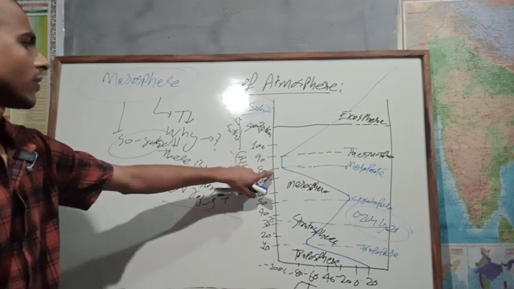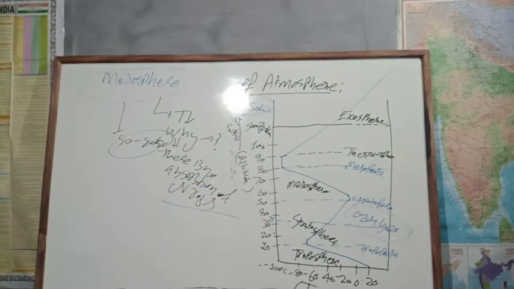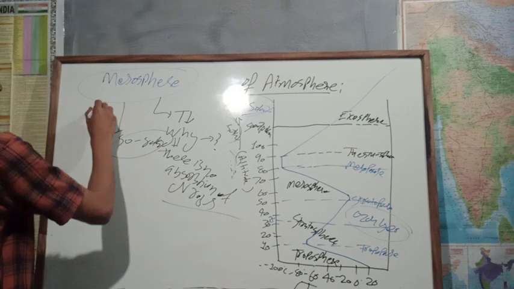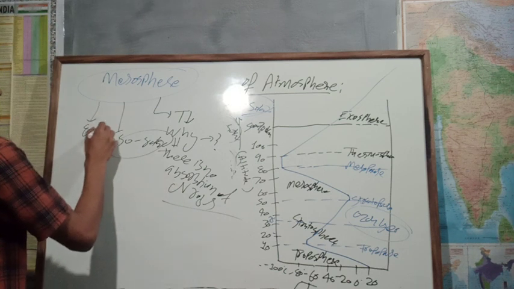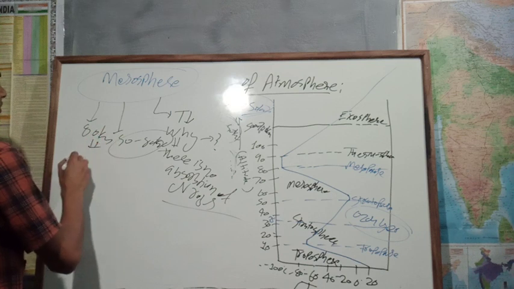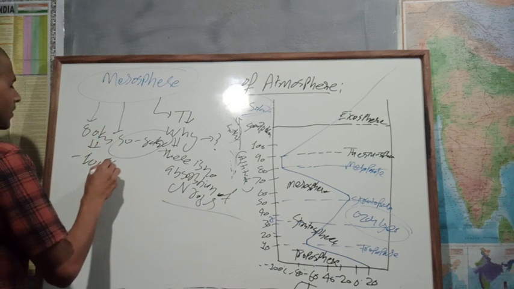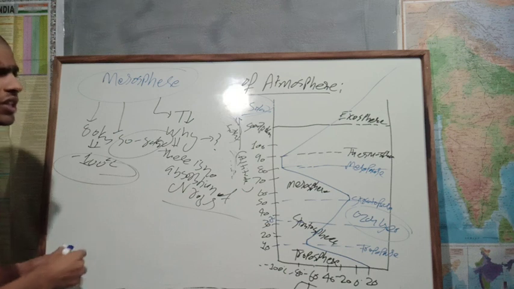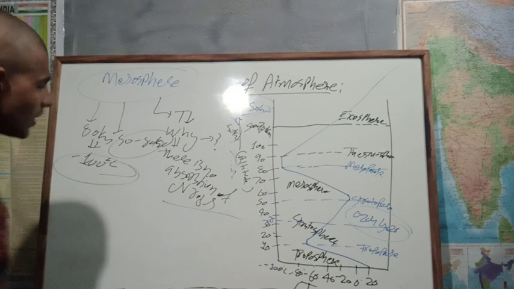Another property about the temperature decrease: at 80 kilometers, temperature reaches minus 100 degrees Celsius. This is the lowest temperature in the atmosphere. Fine.